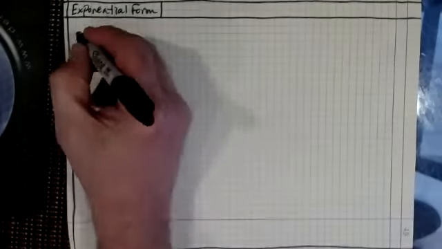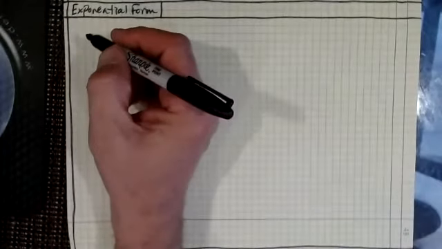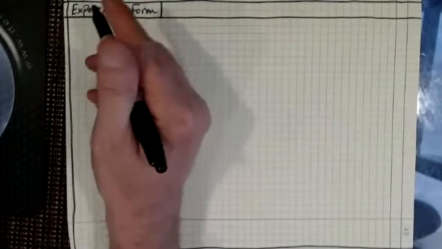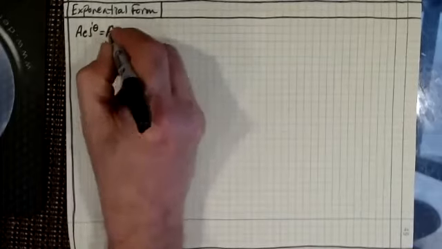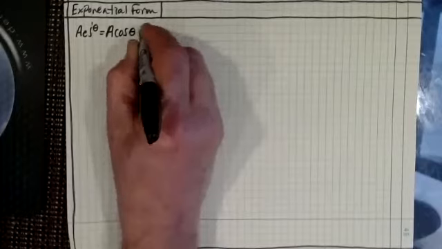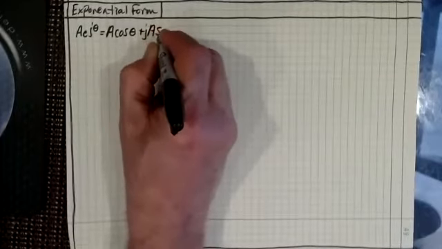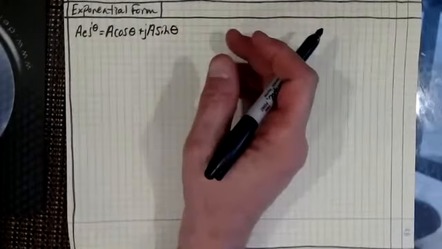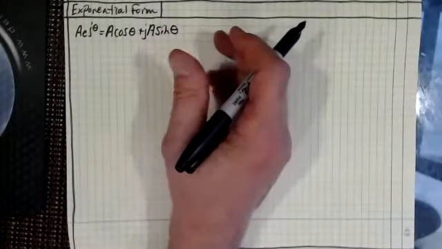Now, let me just write down a few things here. We know that A e to the j theta equals A times the cosine of theta plus j times A times the sine of theta, right? Everybody knows that.